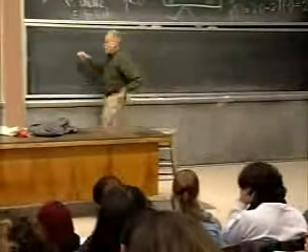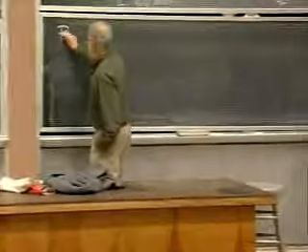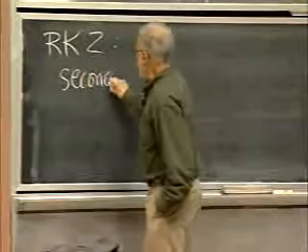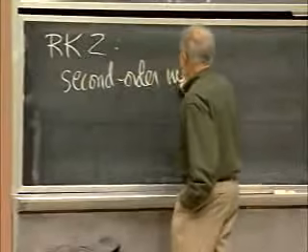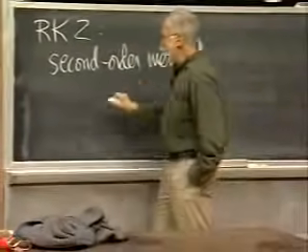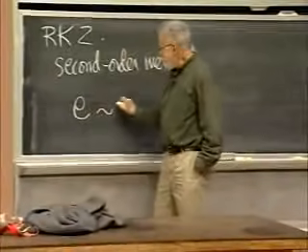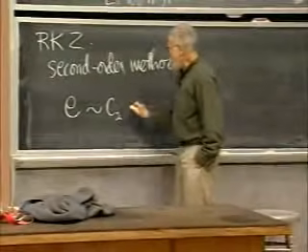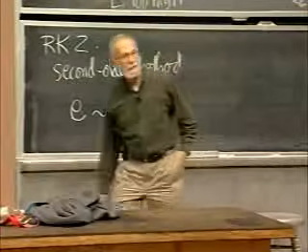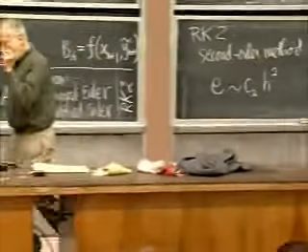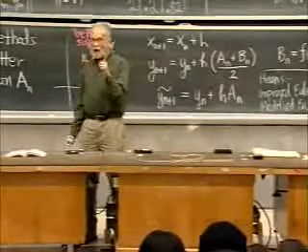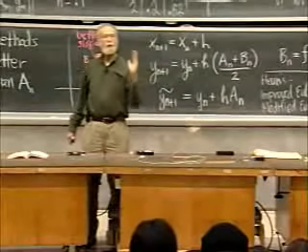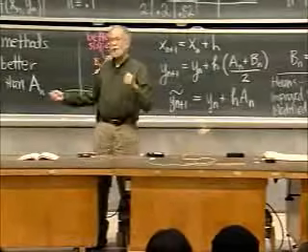So RK2, let's write it, that's the shortest thing to write, is a second-order method, meaning that the error varies with the step size like some constant, it won't be the same as the constant for Euler's method, times h squared. That's a big saving, because it now means that if you halve the step size, you're going to decrease the error by a factor of 1/4. You will quarter the error.